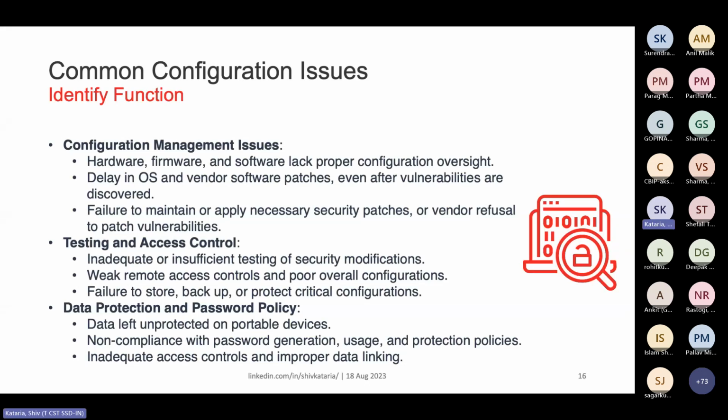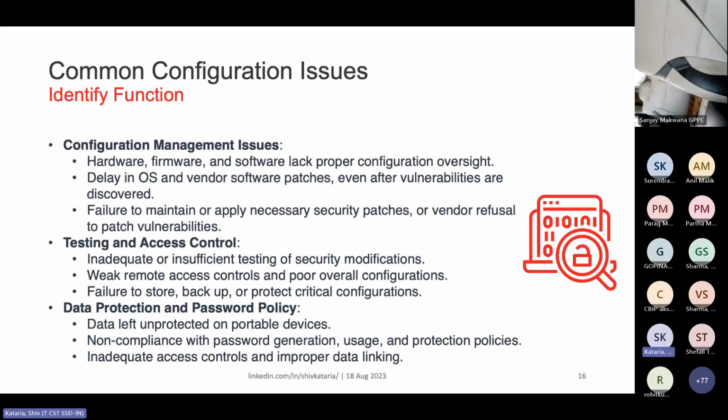On the testing and access control side, you might have an inadequate or insufficient testing mechanism. And vulnerability assessment is also one kind of testing itself. Once you don't have this, then typically you'll find a number of vulnerabilities existing in your system. There could be other issues like giving somebody weak remote access. Pretty often I see applications like AnyDesk or TeamViewer being used to give remote access to vendors.